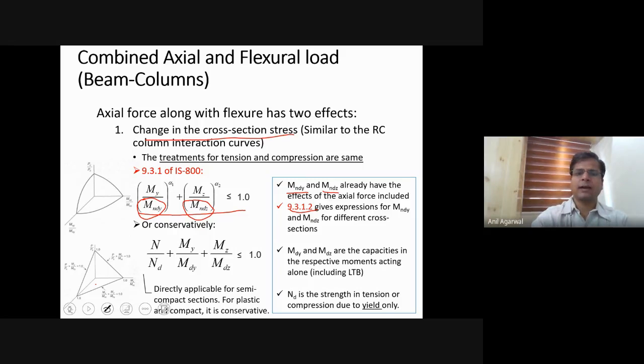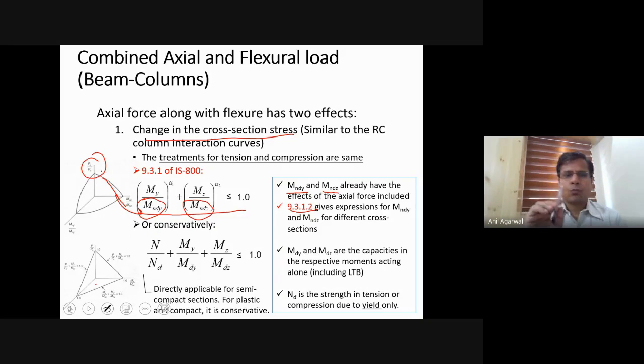Based on those, you calculate your M_ndy and M_ndz values, which already have the effect of P incorporated in these terms. Then you divide actual M in the Y direction by the capacity, and actual M in the Z direction by the capacity, and that is this equation. Of course, many of these parameters such as the values of alpha 1, alpha 2, etc. are empirical, and we work with them.